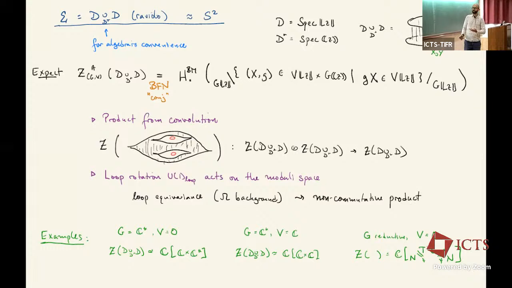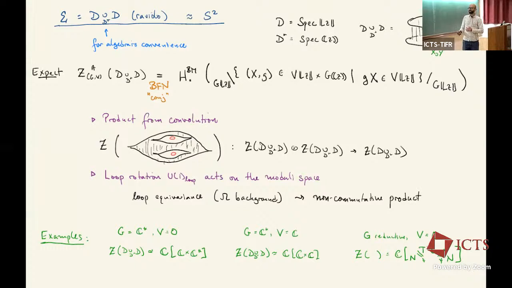So functions are infinite dimensional, but it's not that bad. Let me just give you some of the simplest examples. So if you just plug in C star for the complexified group with zero representation, and go through this construction, you end up with the affine Grassmannian for C star, and at the end of the day, find that this convolution algebra just looks like functions on C times C star.